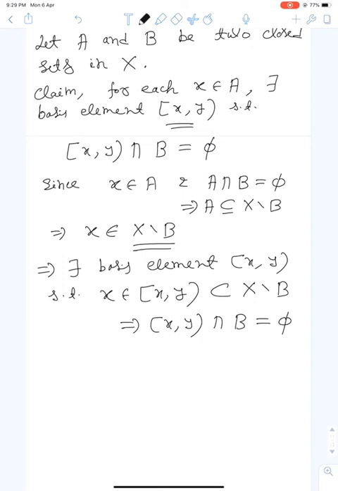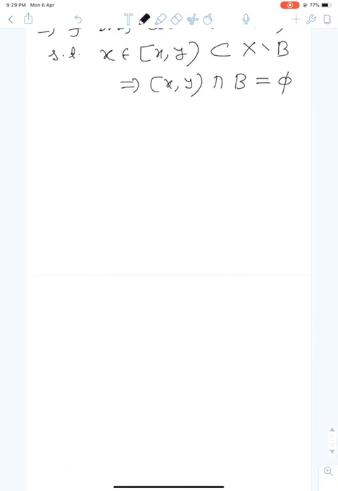Similarly, for each point in B, we can get another basis element of this kind, which is disjoint from A. Okay, now we are ready to prove this theorem.